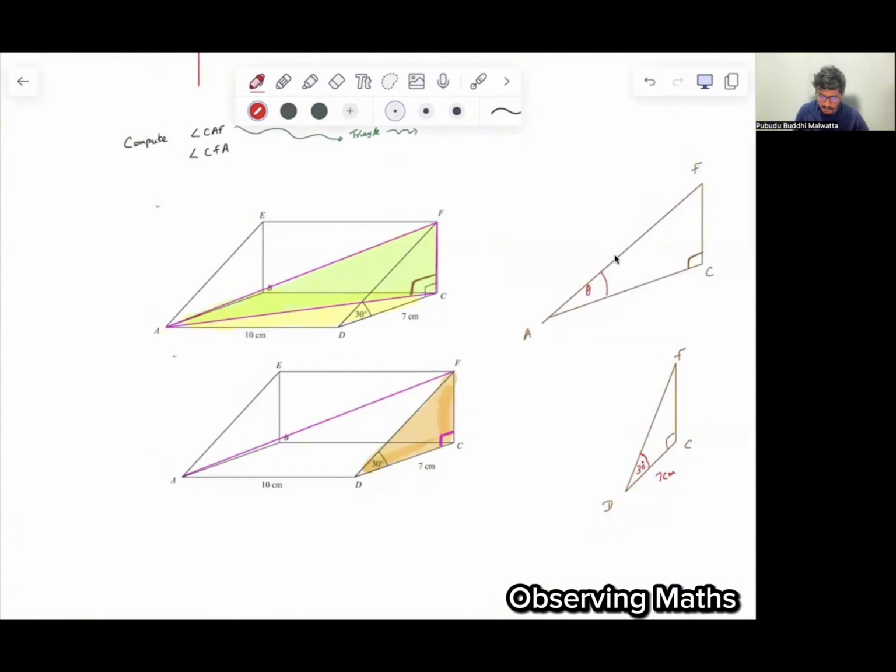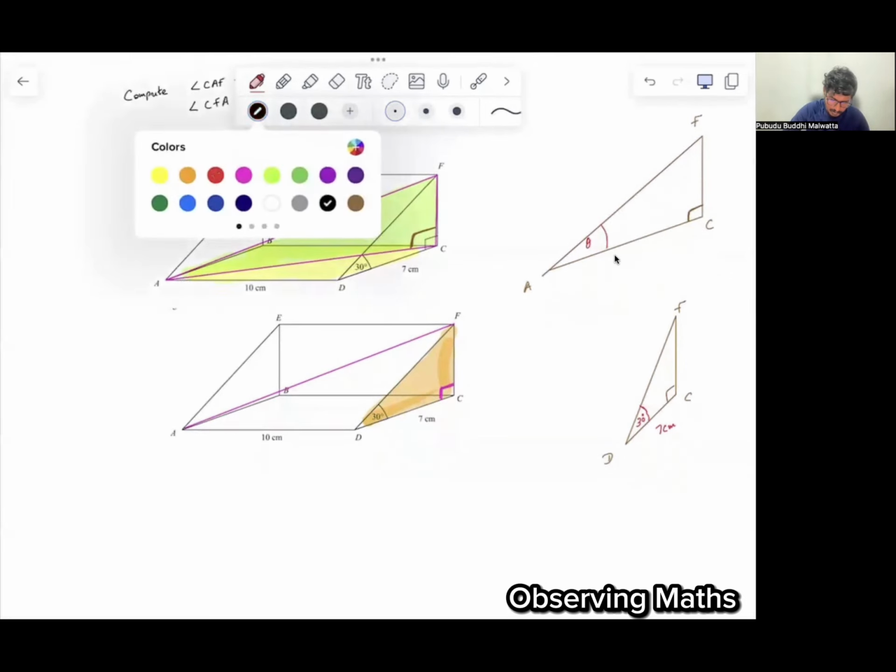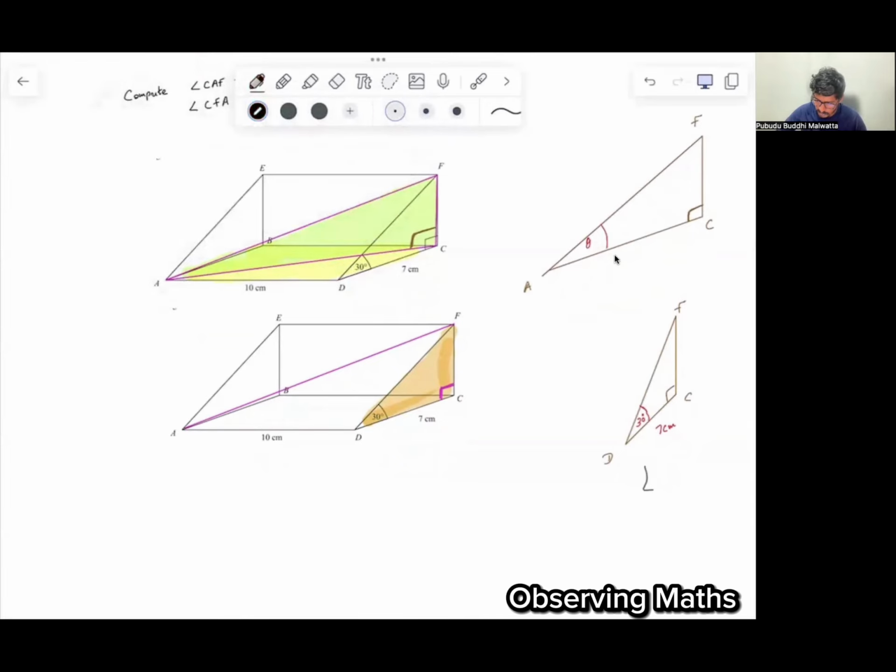So to compute lengths, there must be a way. Computing CF is very easy. Compute CF through this triangle, using trigonometry.